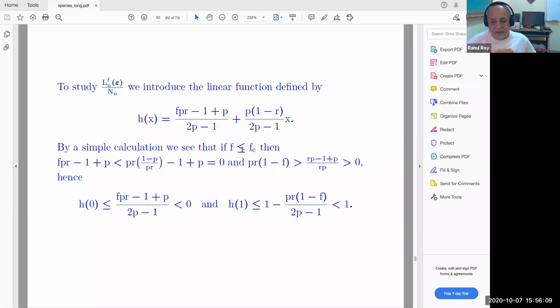So if f is strictly less than fc, then f times p, the numerator, will be less than what I get if I put fc here, which is pr times 1 minus this fc, minus 1. And the right-hand side, you can just do the calculation, this equals 0 because it's 1 minus p minus 1 plus 2. It's 0. In other words, when x is 0, h of 0 is negative.